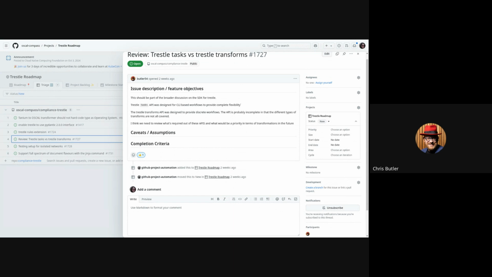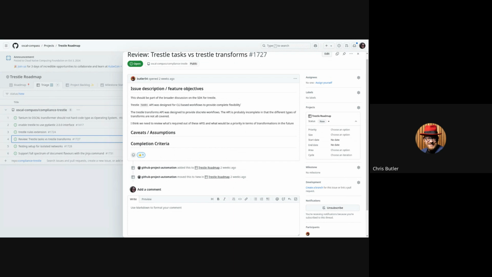If the Trestle transforms aren't going to be used, or we think it's too complex an interface, then, back to the question of what's in the SDK, we could just rationalize some of the code on the simpler form of tasks. Or if we think there's some investment, then maybe have a look at the tasks and rationalize them long term onto the transforms. That was the thought I had when I looked at it.